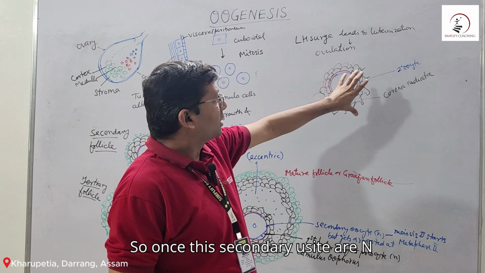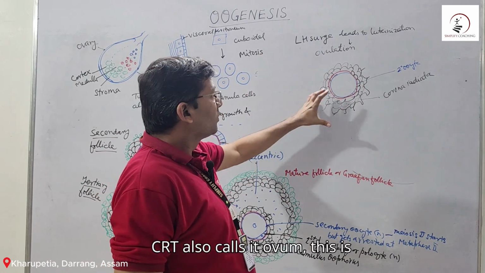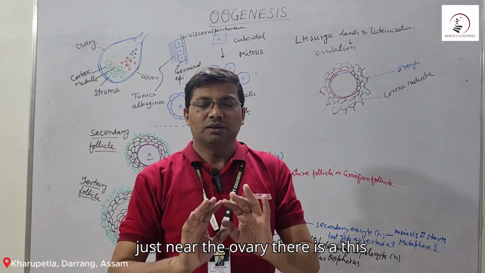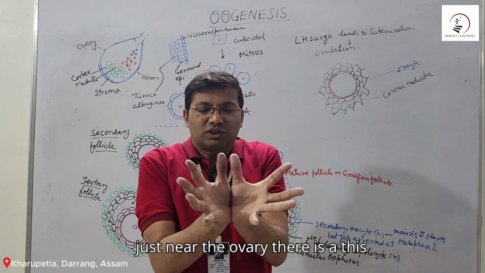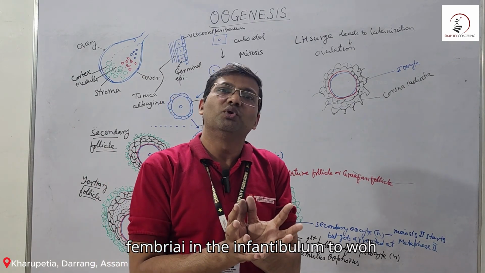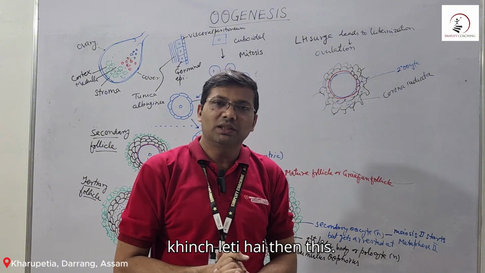So once this secondary oocyte, or NCERT also calls it ovum, this is released, you know that just near the ovary there is this finger-like structure called as fimbriae in the infundibulum. तो वो fimbriae उसको इस तरह से अपनी तरफ खींच लेती हैं.